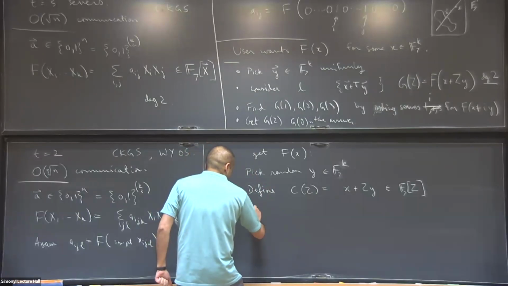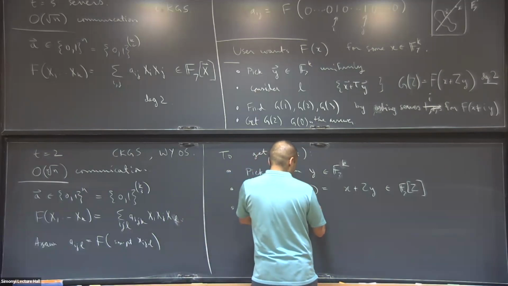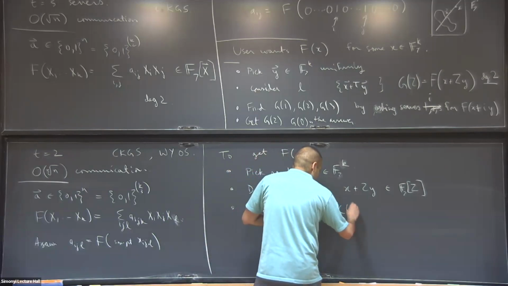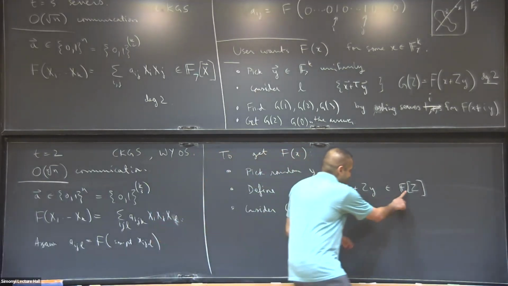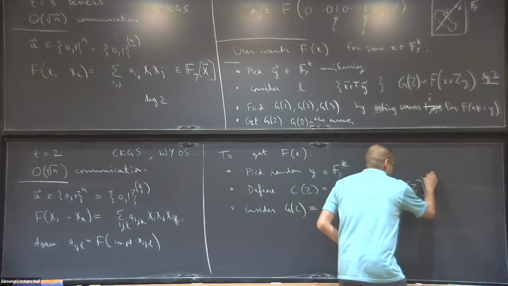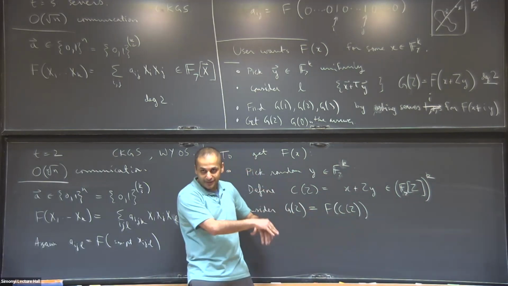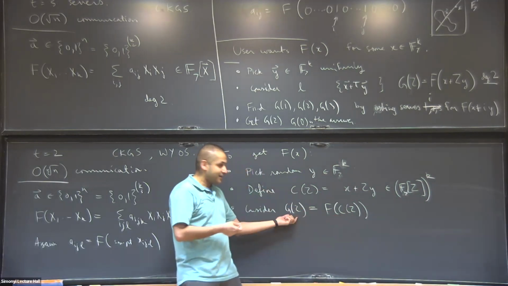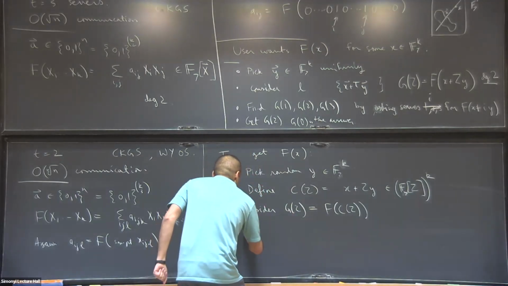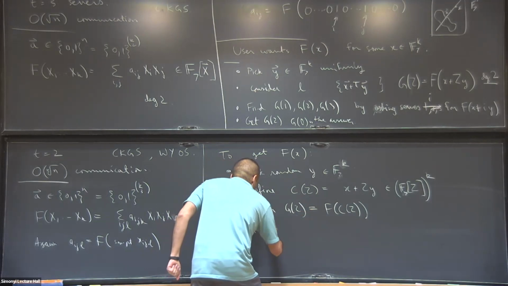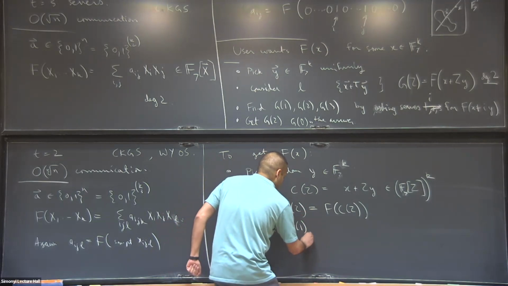Then we consider g of z, the univariate parameterized curve, which is f of c of z. C of z is a curve, right? x is a vector, so it's a tuple of degree 1 polynomials. So this is a curve, and I plug the curve into the multivariate polynomial to get a univariate polynomial of higher degree.